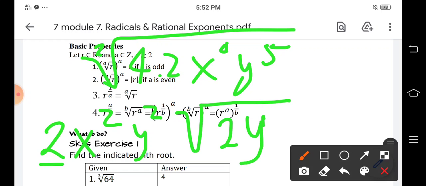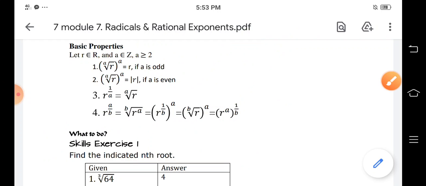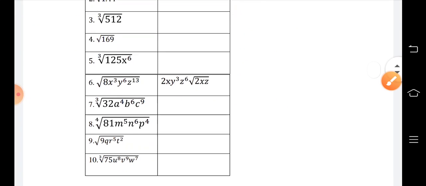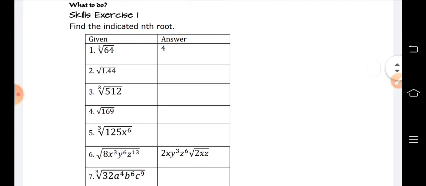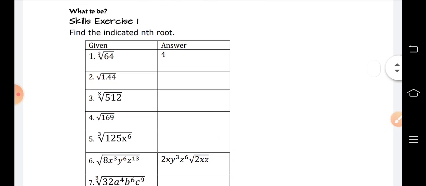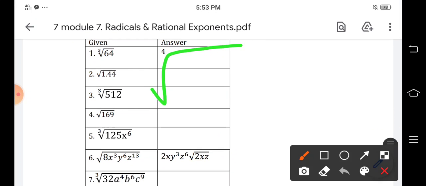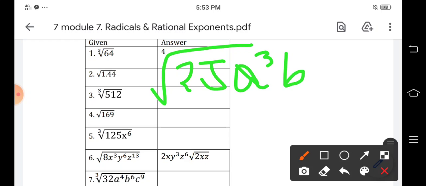So let's take another example. How about if we have, let's say, the square root of 25a cubed b to the power of 6.